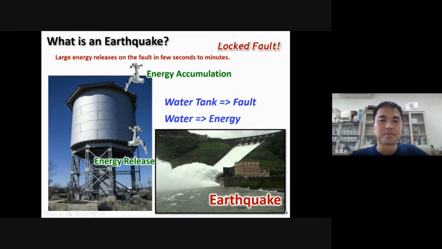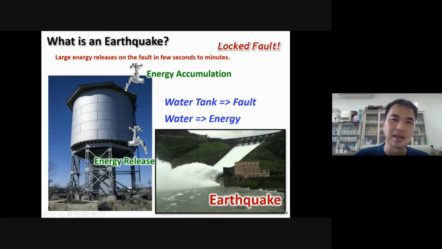And then we also need to estimate how much energy has already been released from this tank. Okay, and then we need to estimate the energy accumulation rate in this region for this tank.